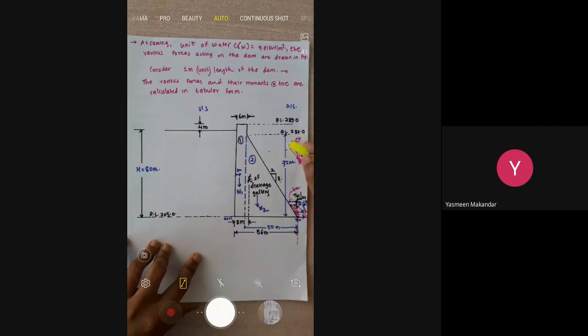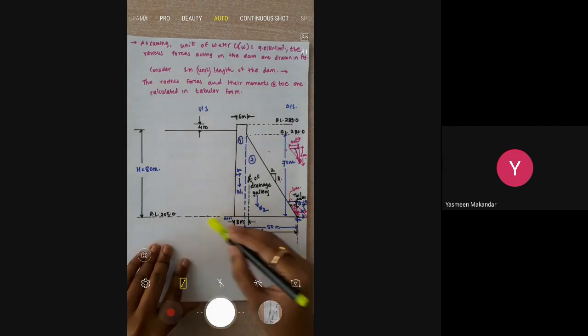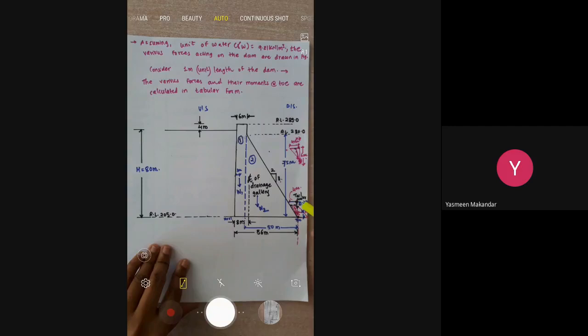So it will be a 4-meter width of water that can be observed, and the tail water depth is say about 6 meters. That's what they have mentioned. So the RLs were mentioned in the problem. The base RL is 205, and the tail water is at an elevation of 211. Therefore this height will be 6 meter. Accordingly, we have worked out this weight which is acting in downward direction.